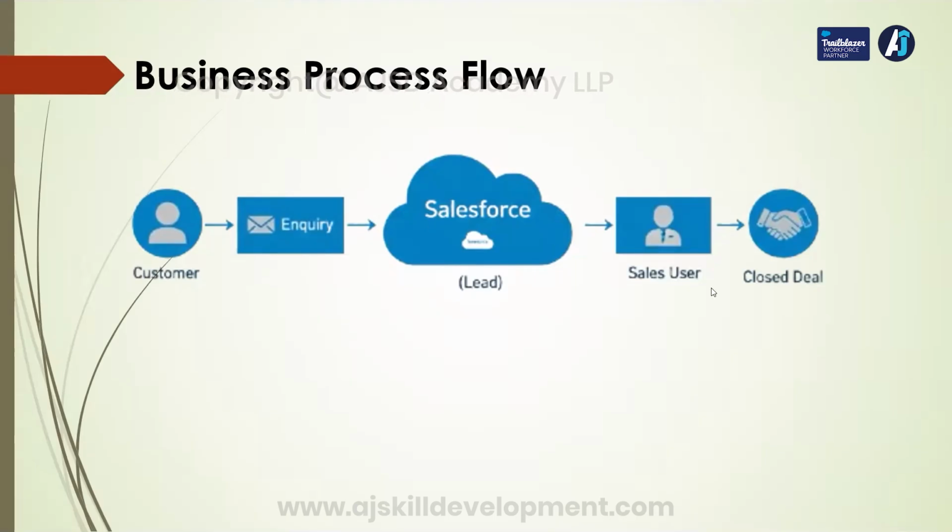Then the sales user follows up with the customer, shares the product details, and sends the required brochures. After continuous communication, the lead is converted into a successful business deal. So here Salesforce acts as the central platform that manages and tracks this entire journey from start to finish.